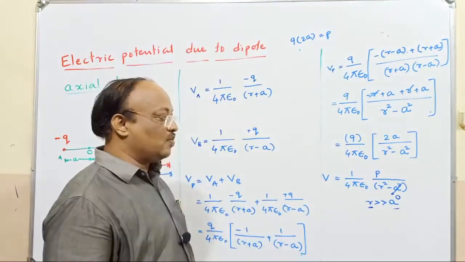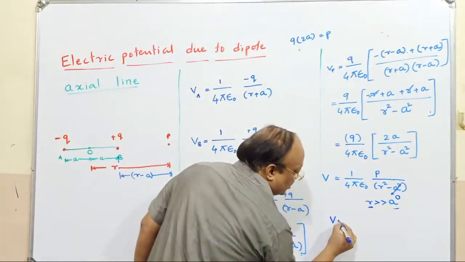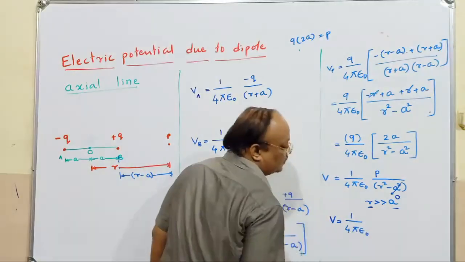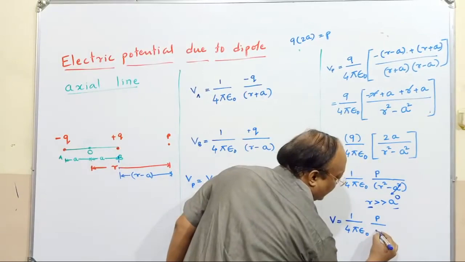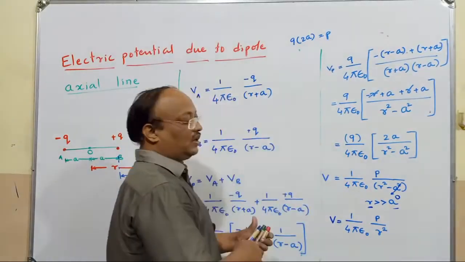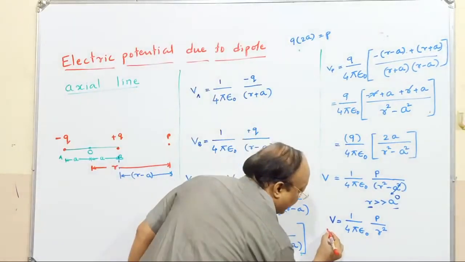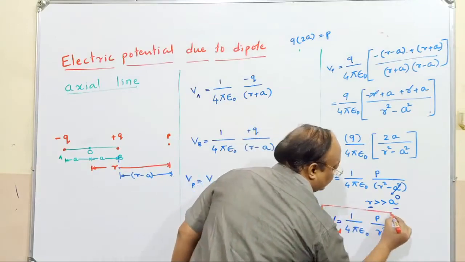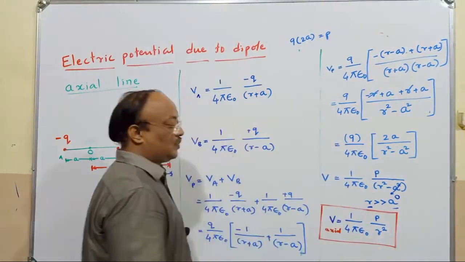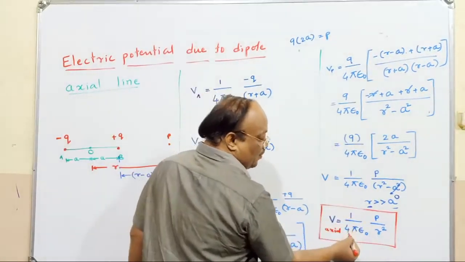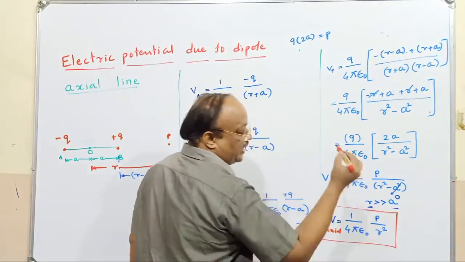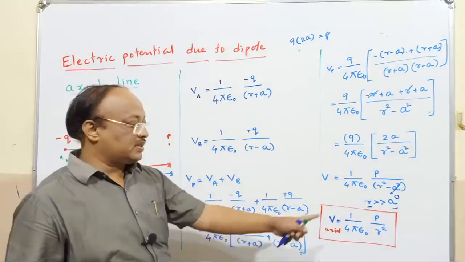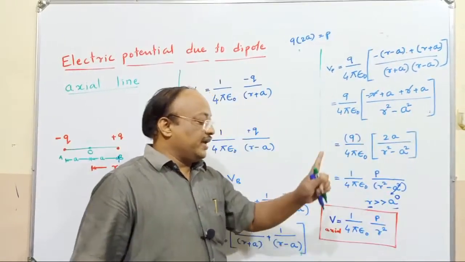It is almost 0. So potential is 1 by 4 pi epsilon naught P by R square on the axial line, for an ideal dipole, because R is much greater than A here.